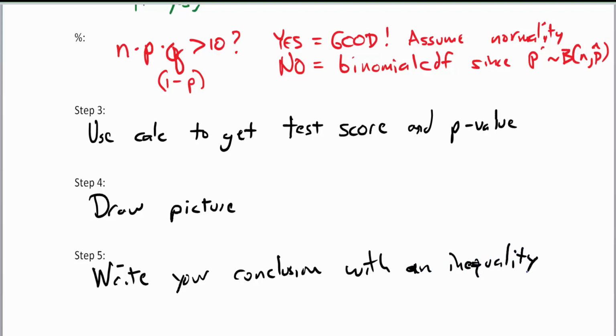This is something that I'm adding as a criteria to the problem. I want you to state your inequality that gives you your conclusion. And in the next 3 videos, you will see examples of this.